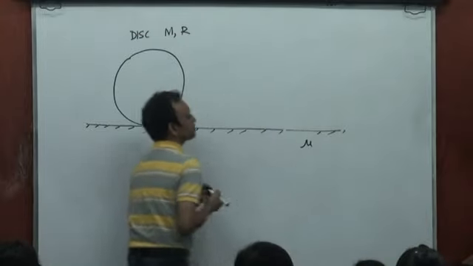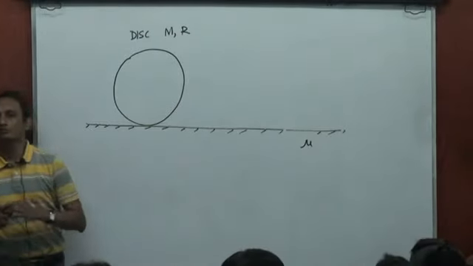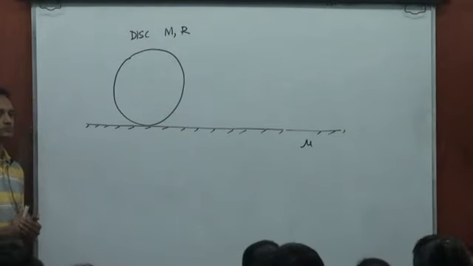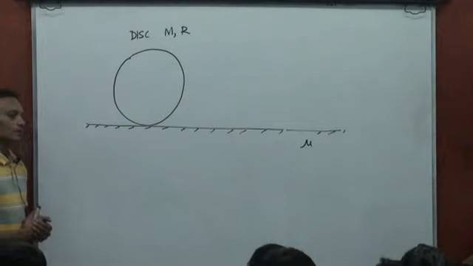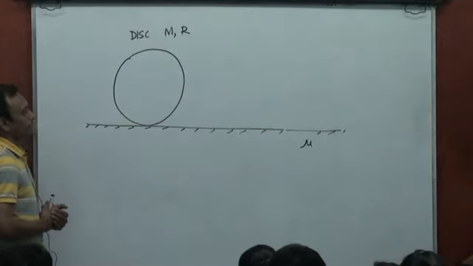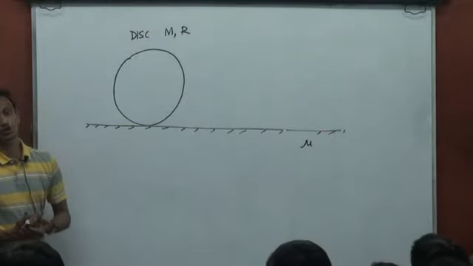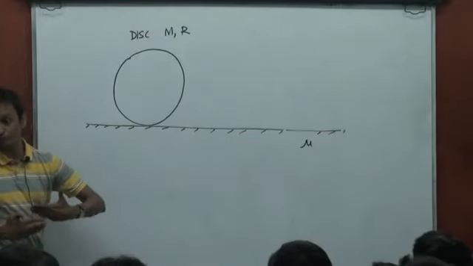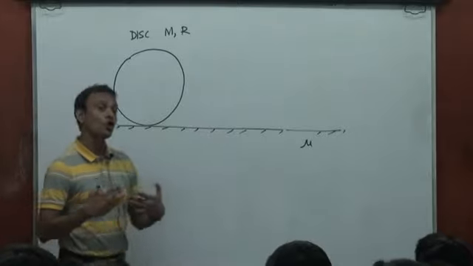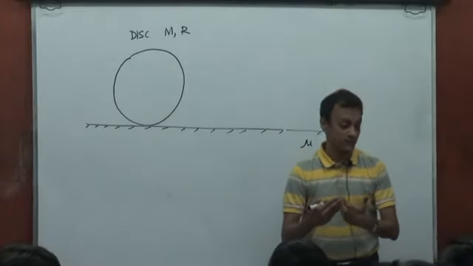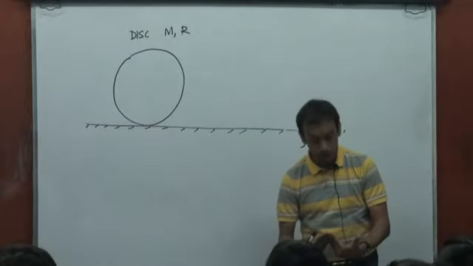Mu is the coefficient of friction on this rough horizontal surface. And we set it into a state of pure translation. Pure translation means all particles constituting the system will share a common velocity with the center of mass, right?